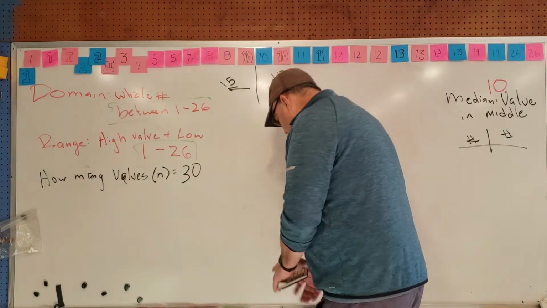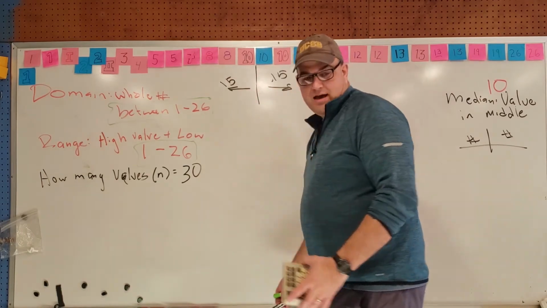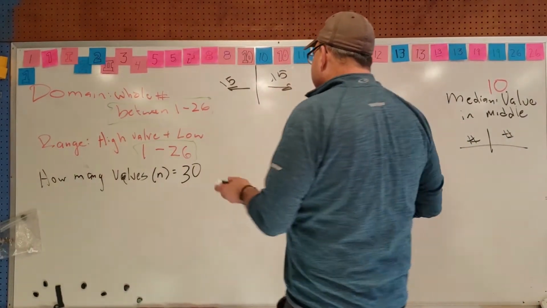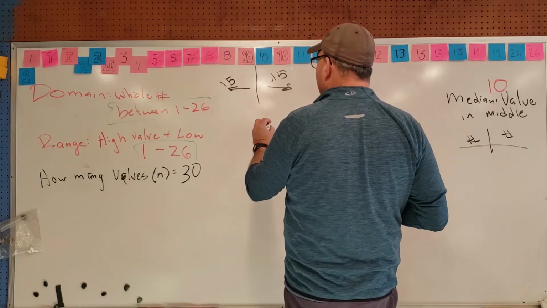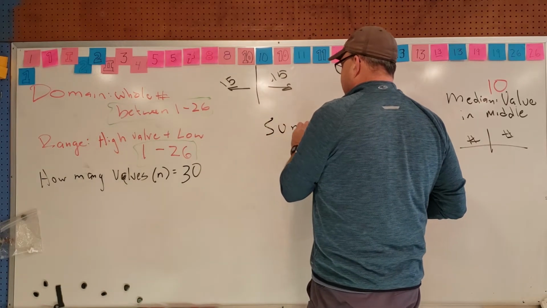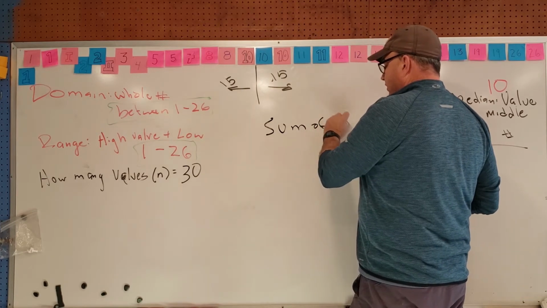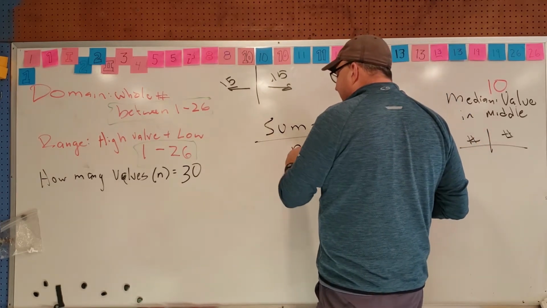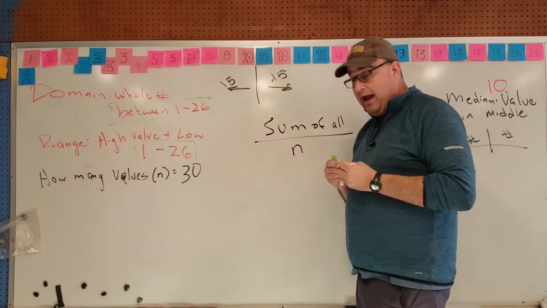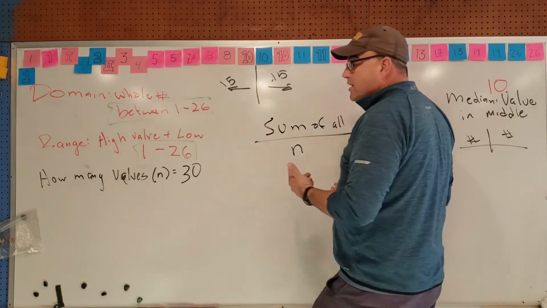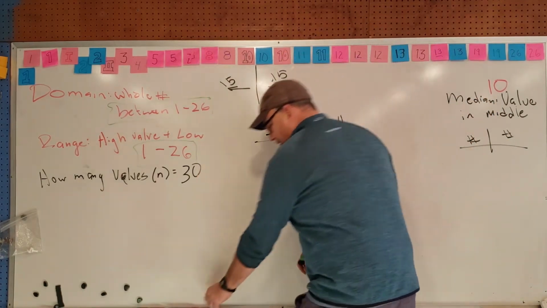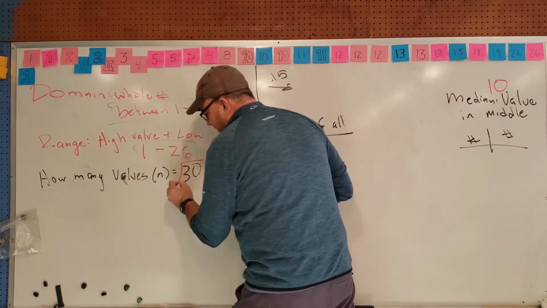Okay, so here's what we want to do. In order to figure out our mean value, we need to take the total or the sum of all of the values, and we're going to divide that by the number of how many there are. Now, we know n is going to be equal to 30, so we'll put a little box around that guy as well.